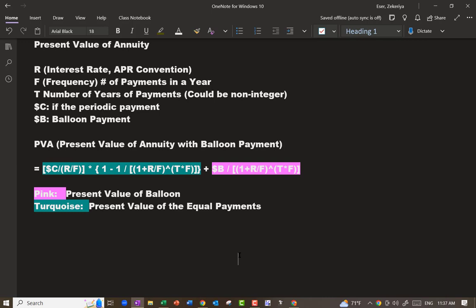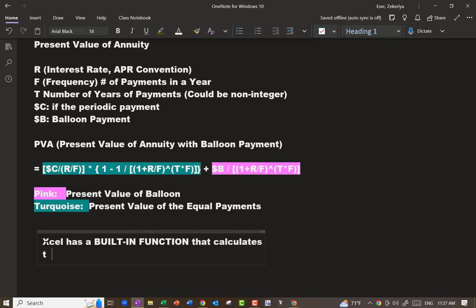All right? Now, Excel has a built-in function that calculates the PV of an annuity with a balloon payment. And it's called PV. It has a few arguments.